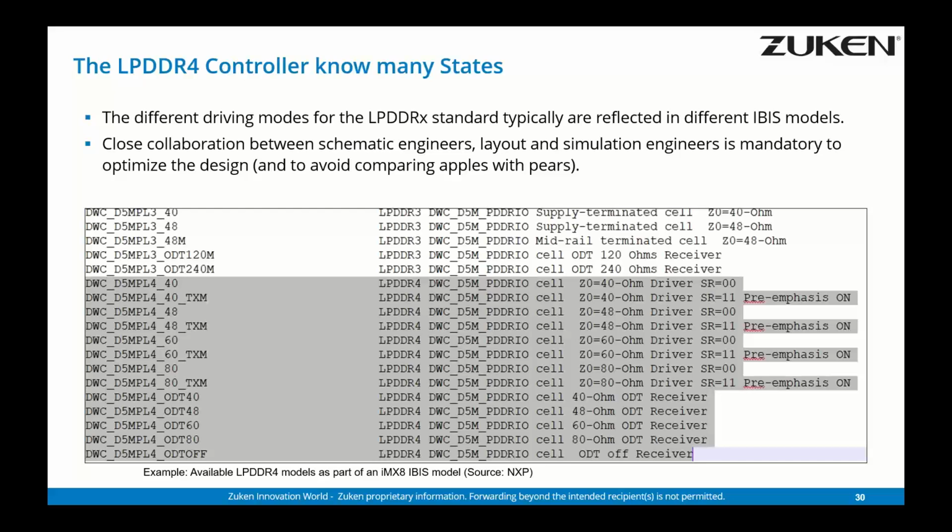Here we have an excerpt of the IBIS model list of the IMX8 from NXP, supporting different memory interfaces. For the low power DDR4, we have a couple of different models available which reflect the different settings: different output impedance, 40 ohms, 48, 60, 80, on-die terminations with different values, pre-emphasis on or off.